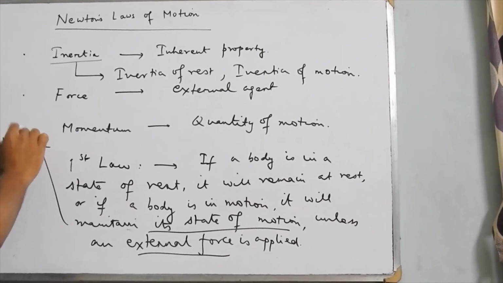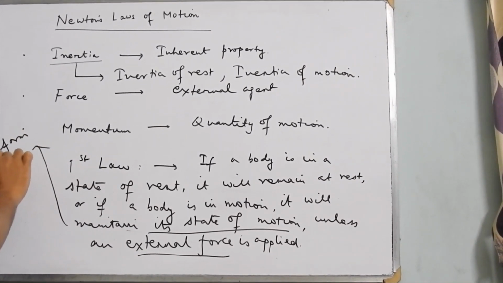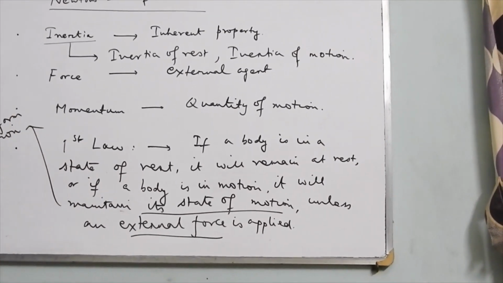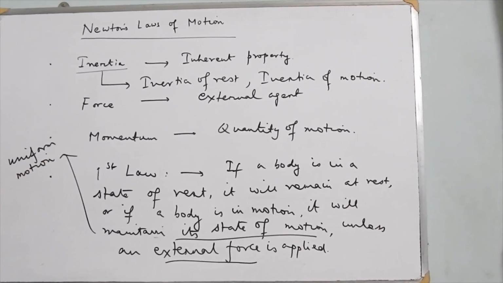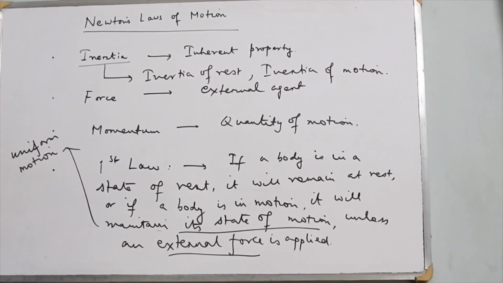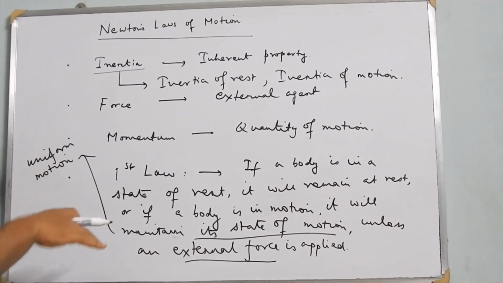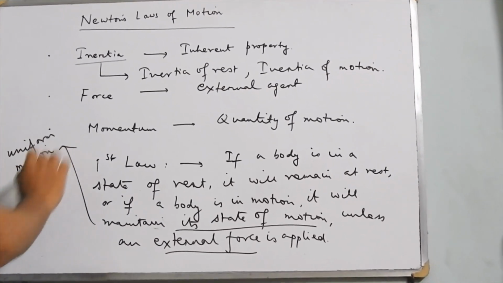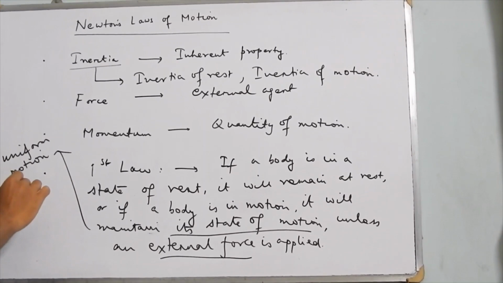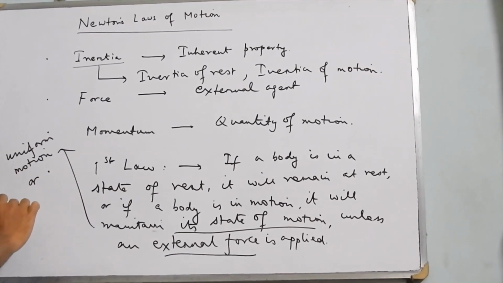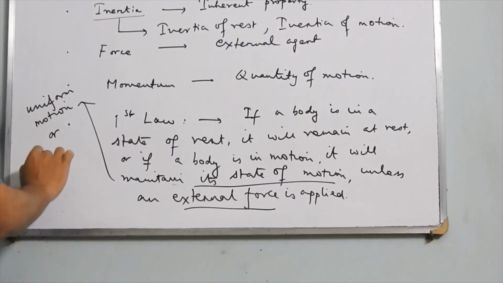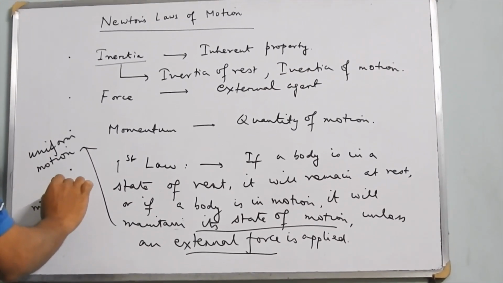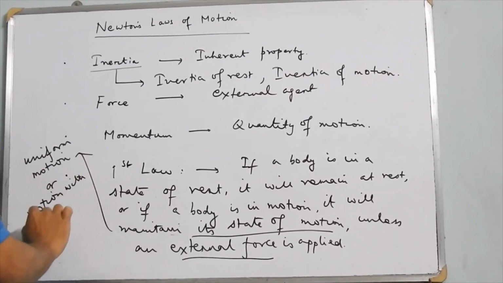Uniform motion means it is not accelerating. Whenever an acceleration is produced, an external force is again required. So whenever we say that a body in motion is in a state of motion, it means that it is maintaining uniform motion, or a motion with a constant velocity in a specific direction. With constant velocity.